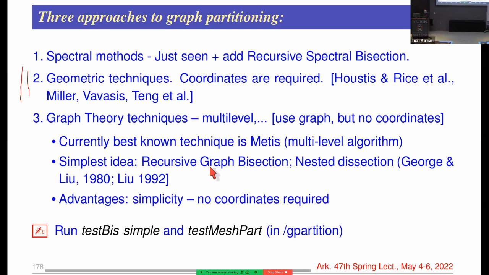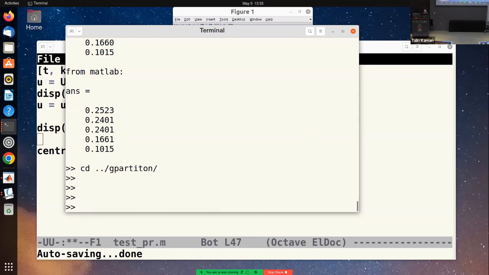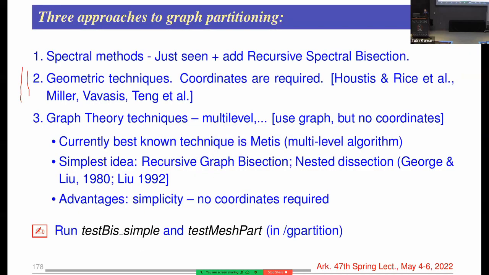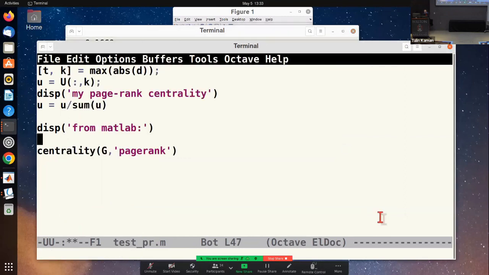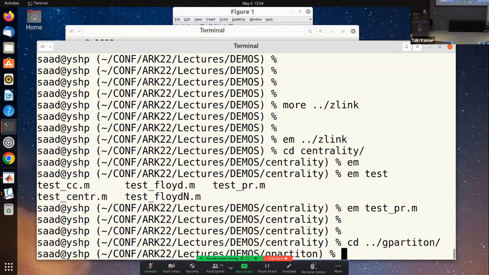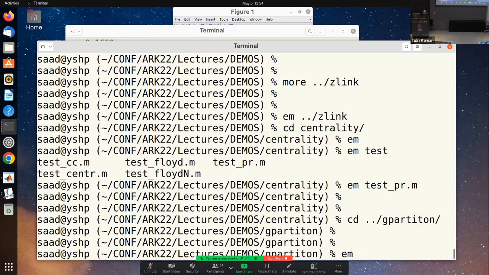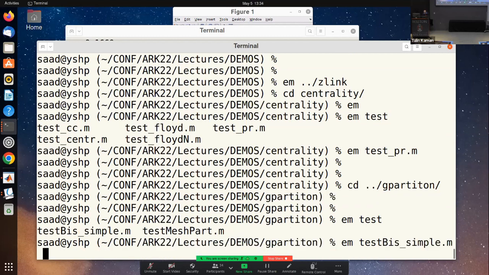Okay, so I'm going to show you a little demo here. Graph partitioning, all right. As you can see, I have two tests, and I'm going to show them both. Let's say the first one here, test bisection simple.